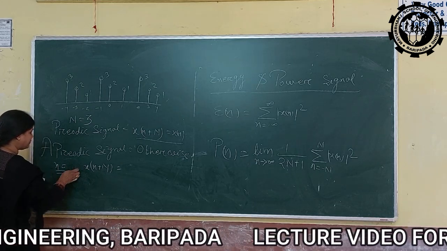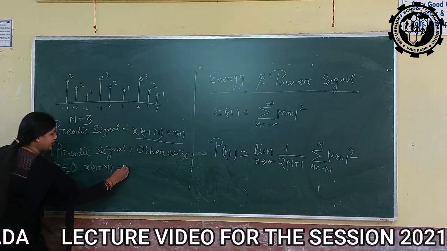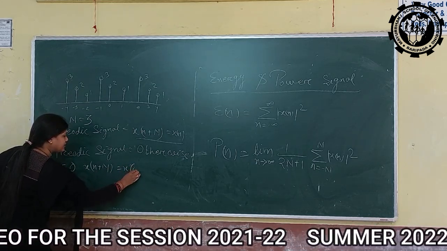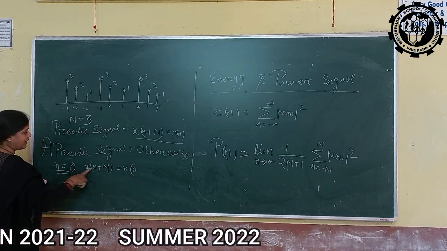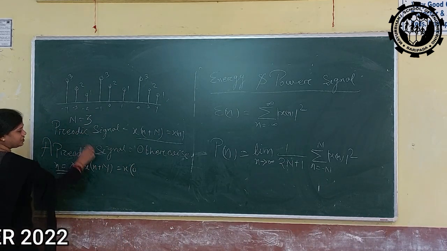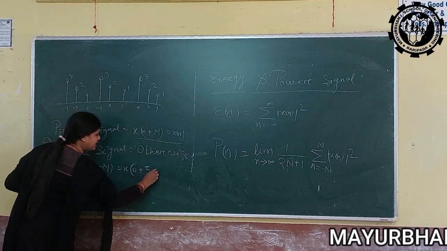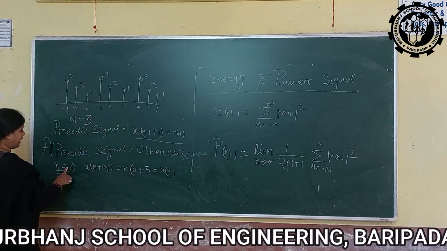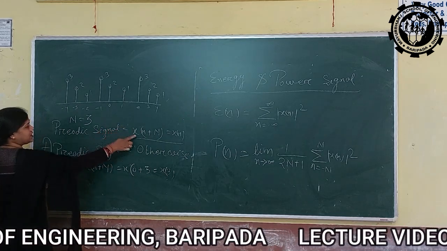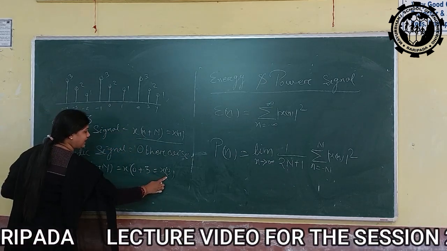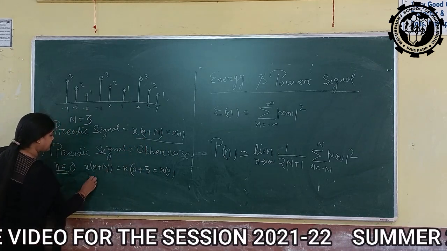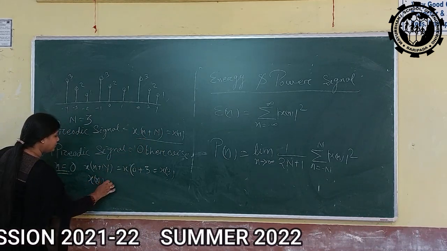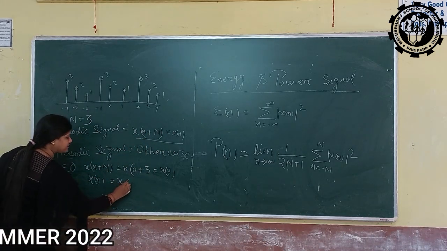Let n equal to 0. If n equal to 0, that means x of small n is x of 0 we are taking, and capital N is equal to 3. So 0 plus 3 is equal to 3, and we are finding x of 3, and x of n is x of 0.